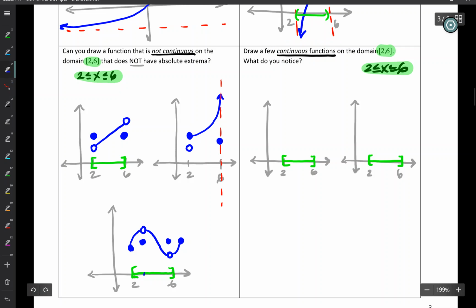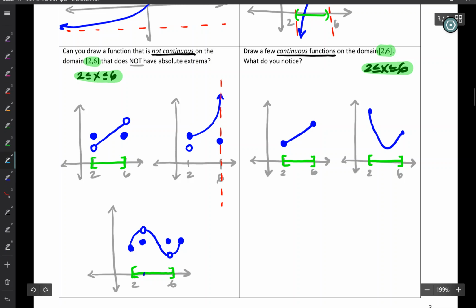Right, so maybe you drew something like this. Oops, let's go to 6. Or maybe you drew something like this. You know, a lot of things that you could have drawn.